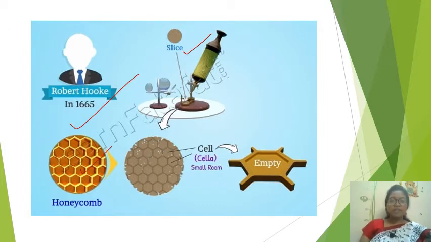So you can see different compartments, one compartment, two compartment, number three compartment. So these separate compartments, he named as a cell, like a small room. So it is empty, because he was observing a dead cell.